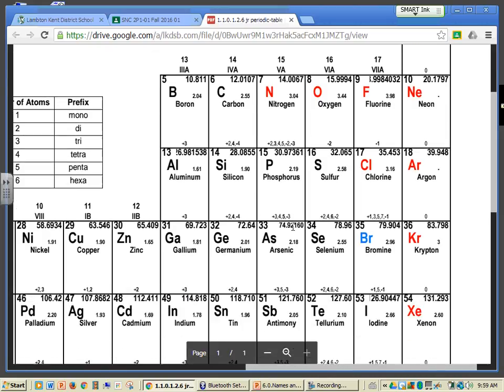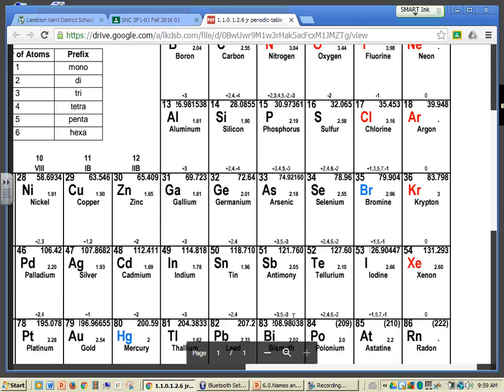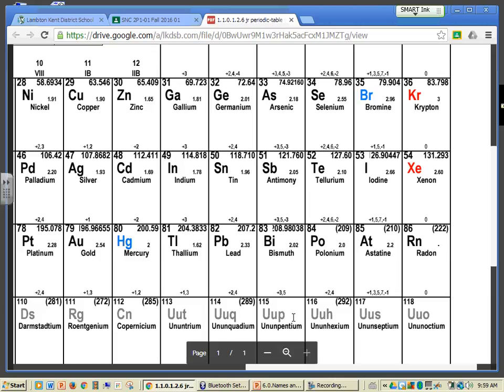How about for antimony? And how about for bismuth? I've left on there for the ones way at the bottom that they can actually be a little more complicated. But for this class, you're going to treat them all as -3. Okay? But it is more complex.